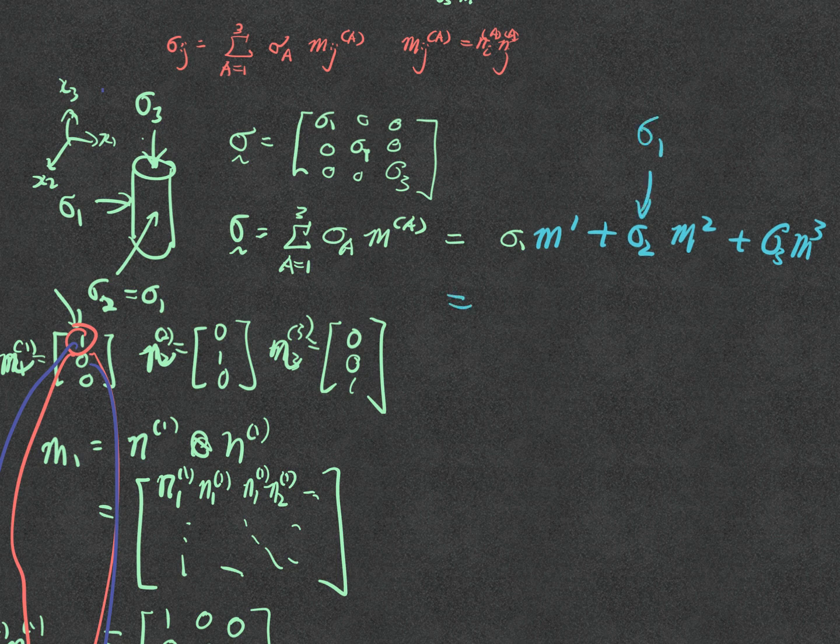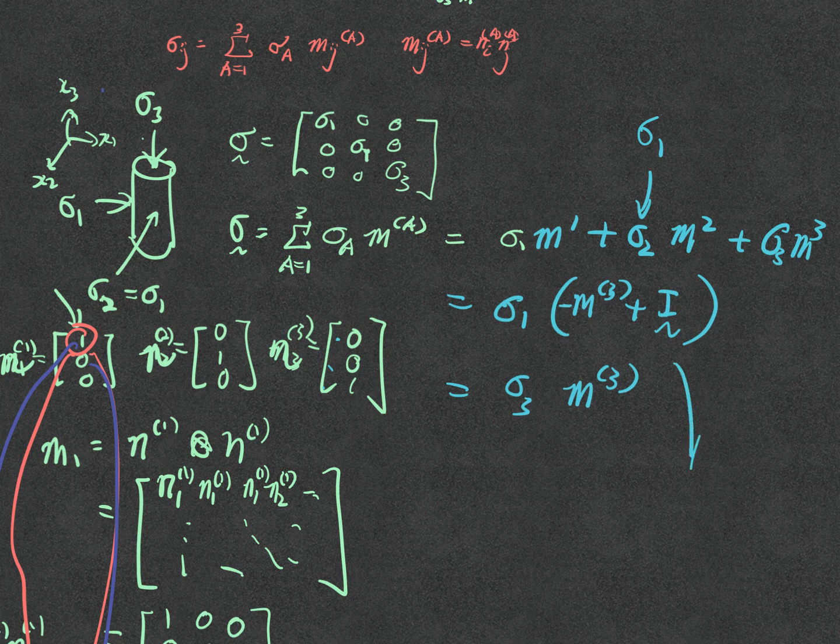So what you would end up having is that N is sigma 1, M3, the third matrix, 0, 0, 1, the tensor product of it, plus the identity tensor equals M3 sigma. Do you get it? Do you get this part?